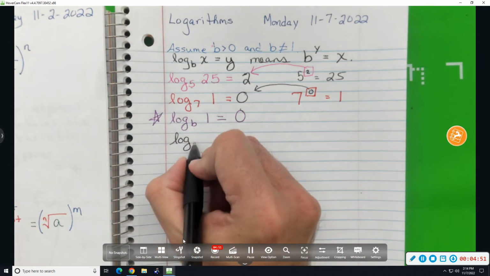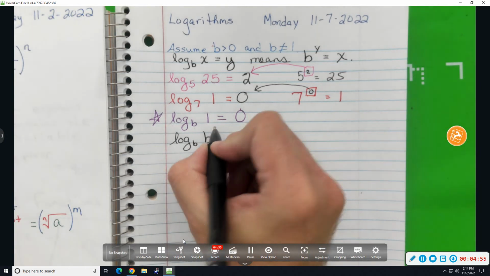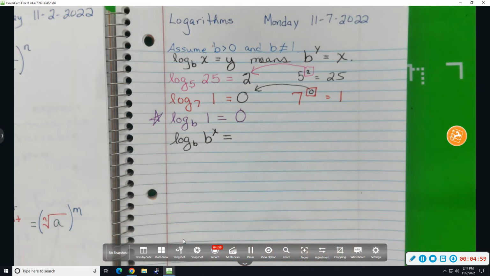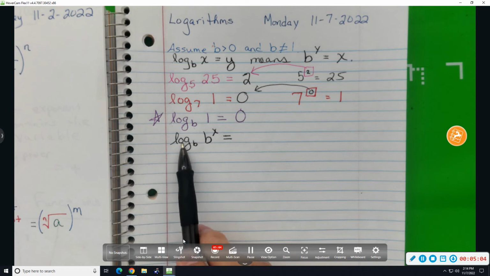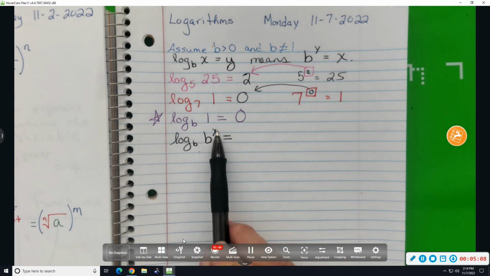Here's another rule of logarithms, and it's going to seem tricky just because the answer is so obviously staring you in the face. Log base b of b to the x.